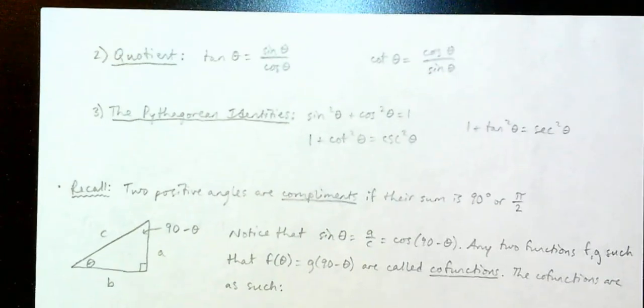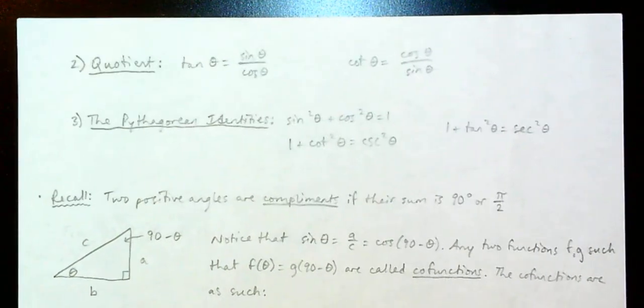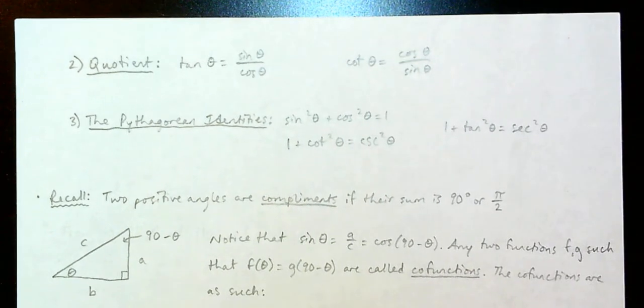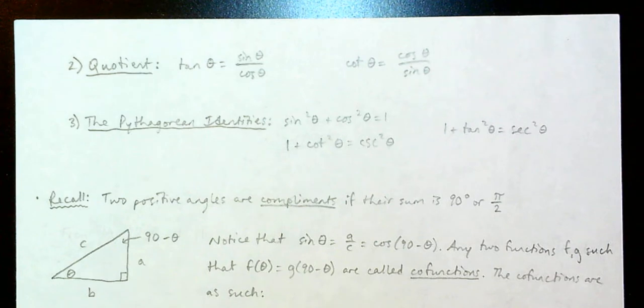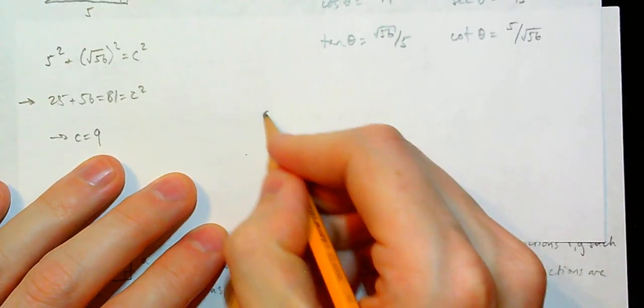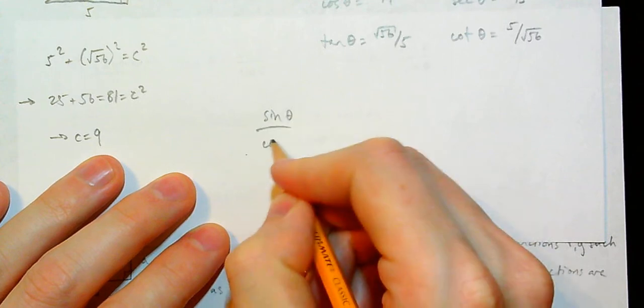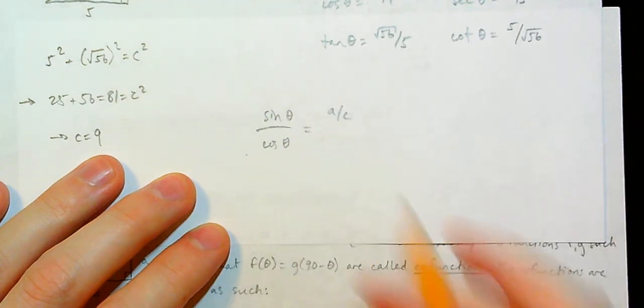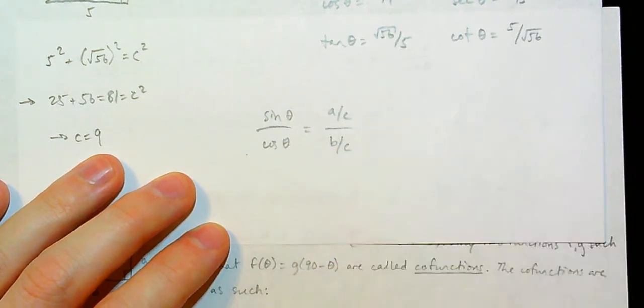The next set of identities I want to give you are the quotient identities. Tangent is sine divided by cosine, and cotangent is cosine divided by sine. If we look back at our formulas there, sine of theta was A divided by C. Cosine was B divided by C. Well, if you're dividing by a fraction, that's the same thing as multiplying by its reciprocal.